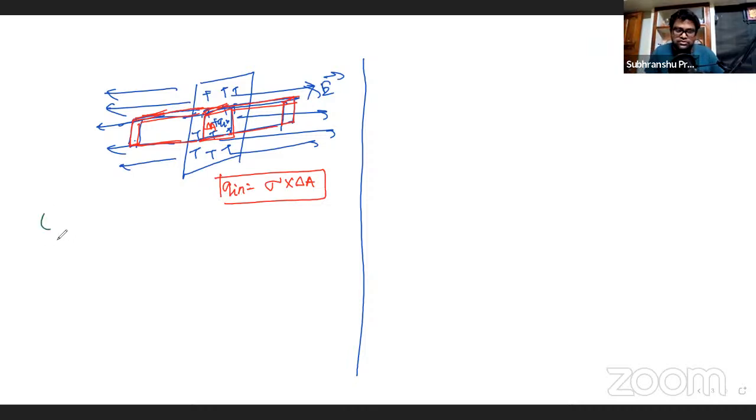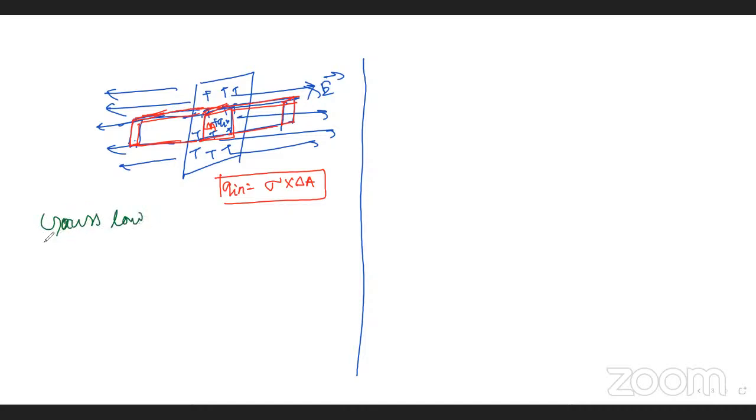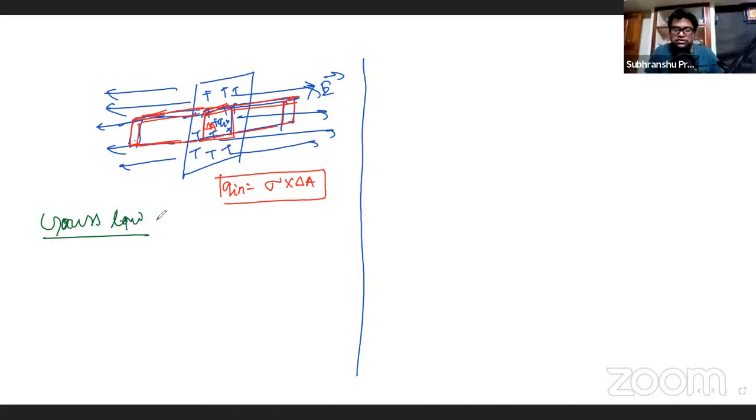So you can use Gauss law: flux equals Q inside by epsilon naught. Can you hear me? Yes, sir.